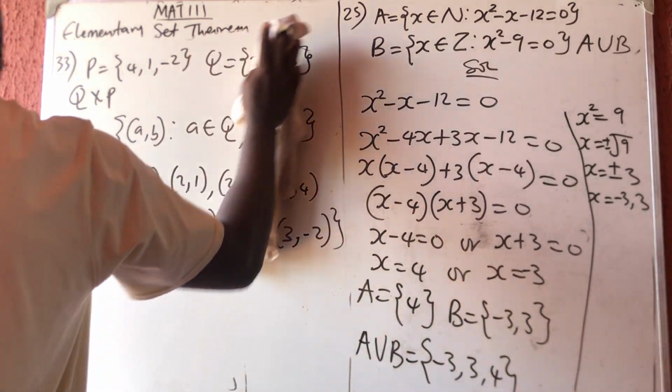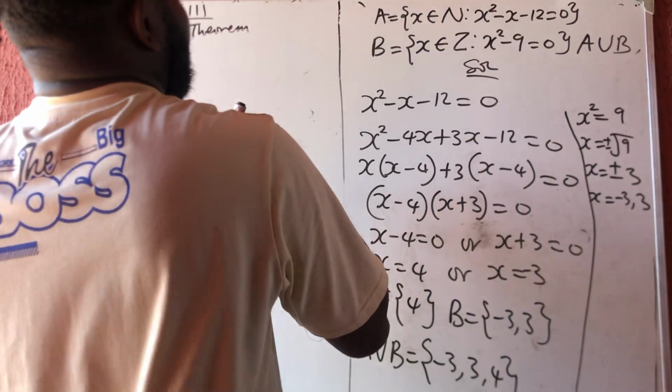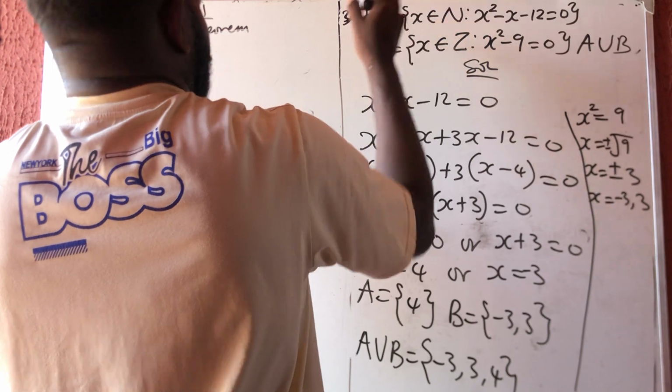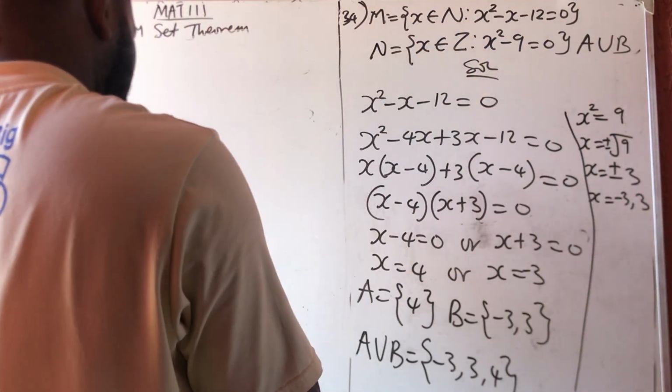All right, okay, so question number 34. Question number 34 said, if M is equal to this and N is equal to this.